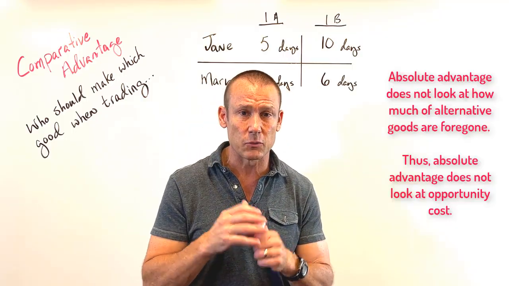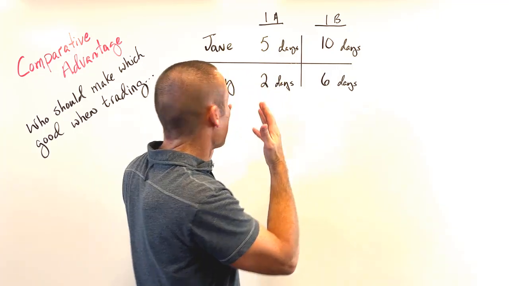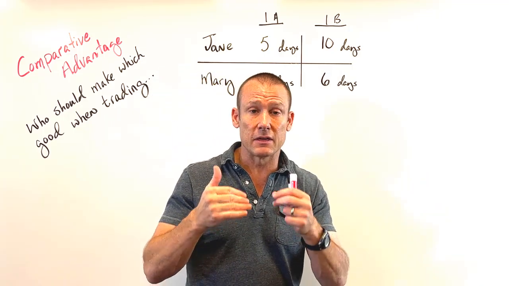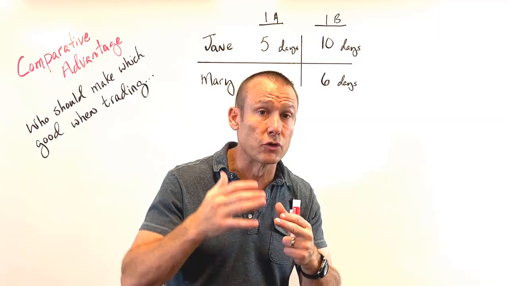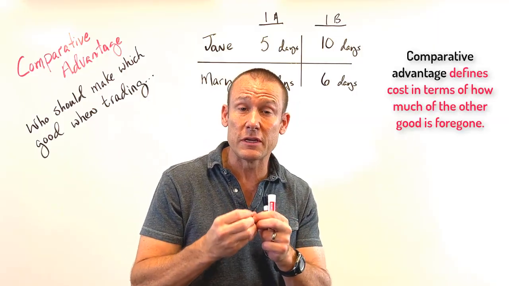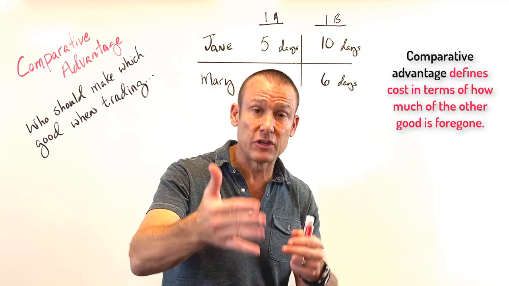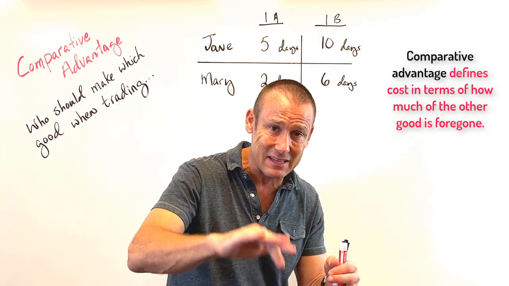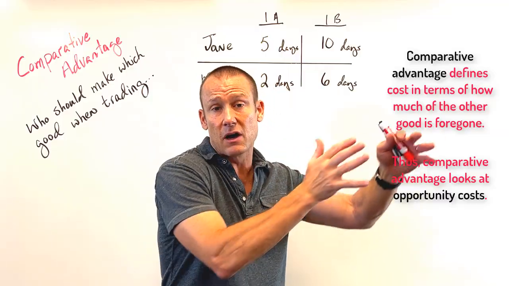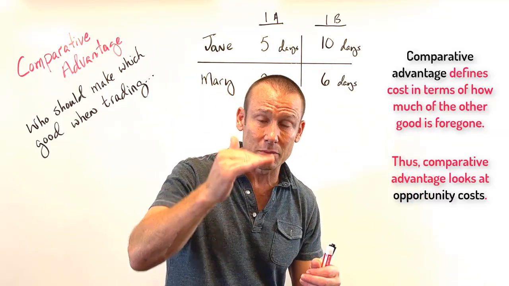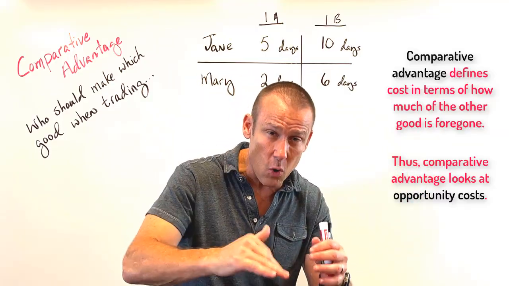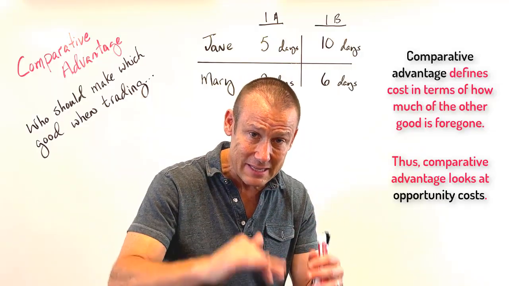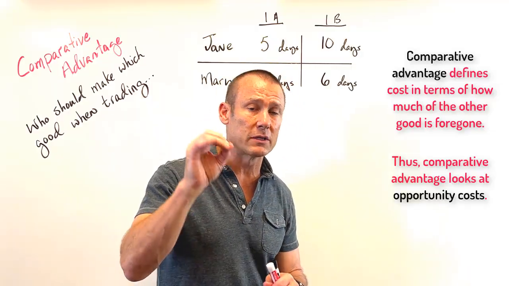In comparative advantage, we say somebody like Jane has the comparative advantage in the production of good X if, when she makes good X, she gives up less of good Y than the other trading partner. Whoever gives up less of the other good, whoever has that lowest opportunity cost, it costs them the least when they make the good, they're the ones that should make the good.